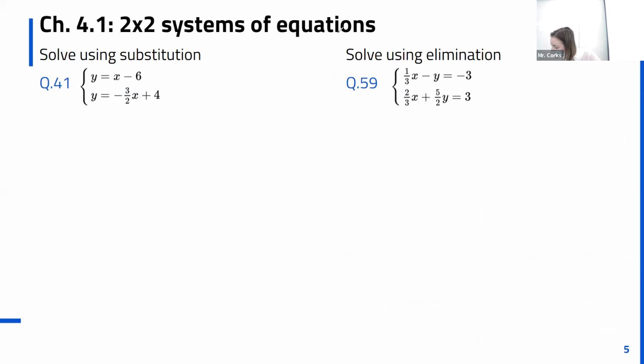One second. I got it. So here, we need to solve two systems of equations with two different approaches. The first one is substitution, and the second one is elimination. For the first one, you need to isolate either y or x and input it into the second equation.